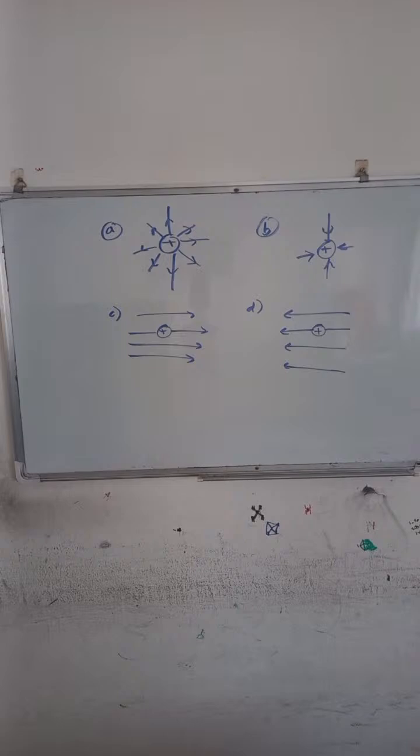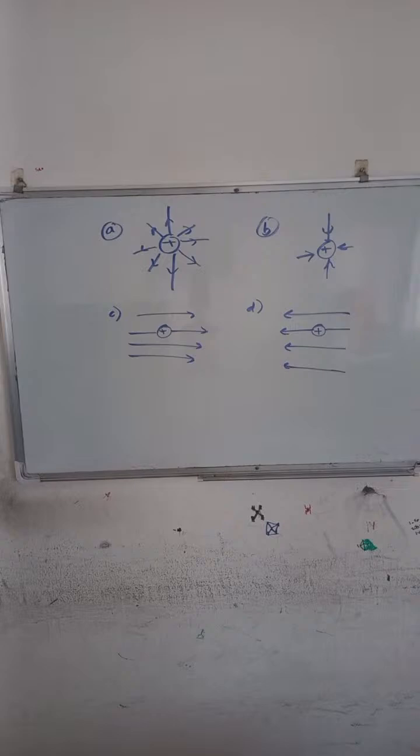Option B, 2 sigma upon epsilon naught and is parallel to the surface.